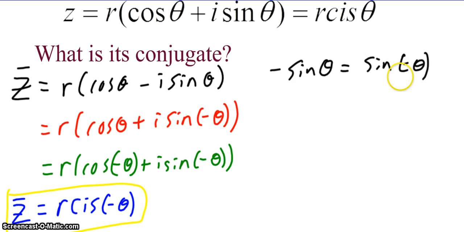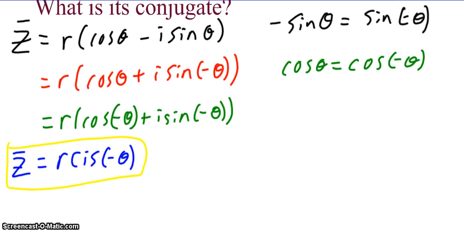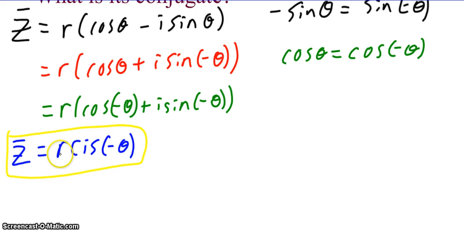So that's one of my trig identities. So I make this negative theta. Now, I want the thetas to match, so because of my even and odd identity for cosine, I know cosine of theta equals cosine of negative theta. So I make this cosine of negative theta instead of cosine of theta. Now that the thetas are the same, I can rewrite this, recognizing that the conjugate is r cis of negative theta.